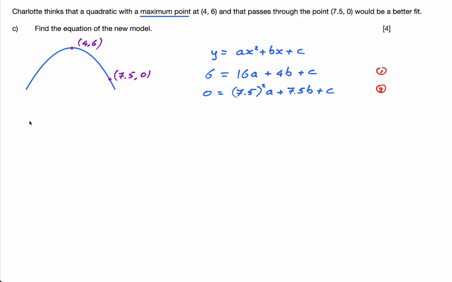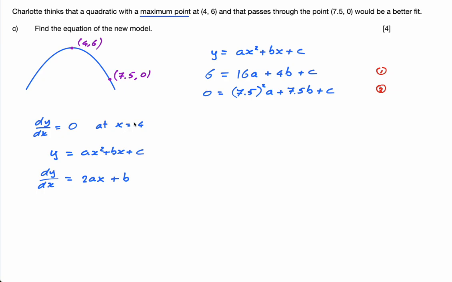So firstly, the derivative, dy/dx, equals 0. Let's say at x equals 4. So the derivative, if y equals ax squared plus bx plus c, dy/dx equals 2ax plus b.